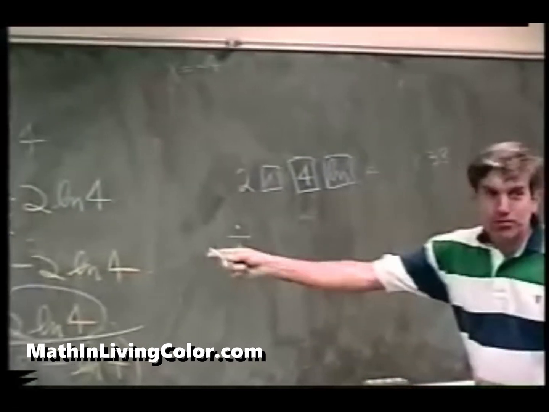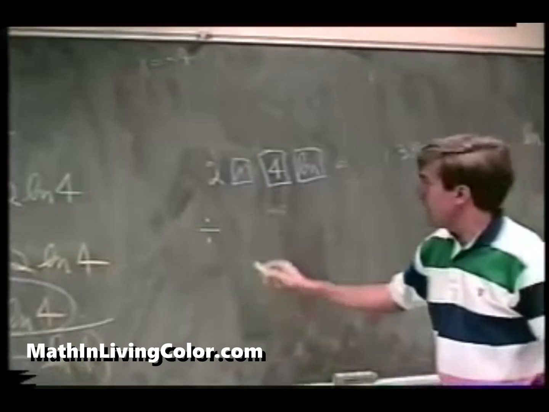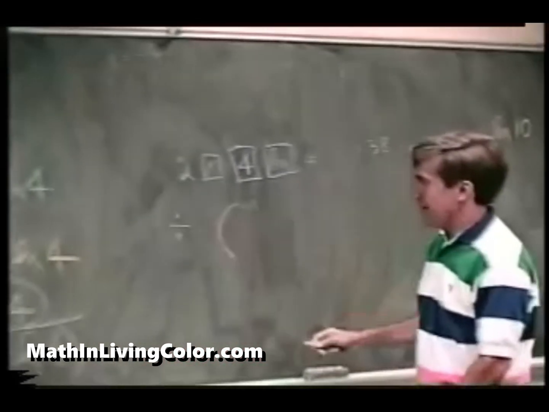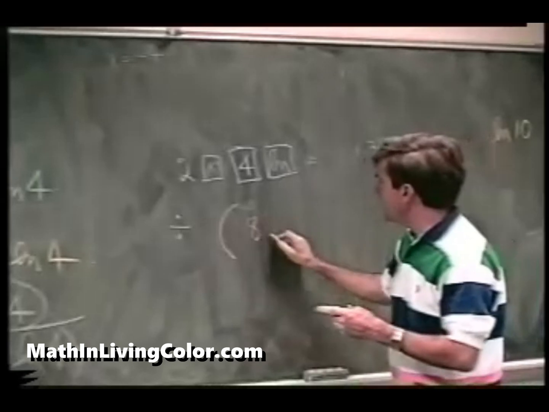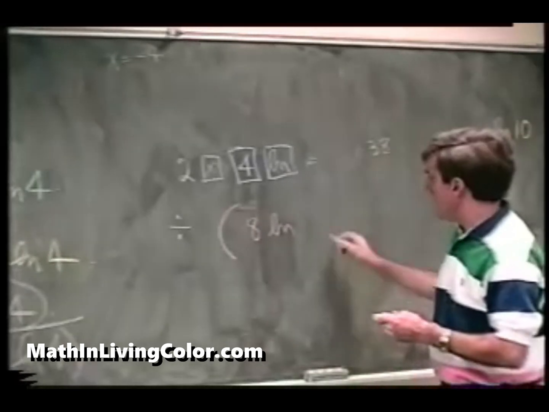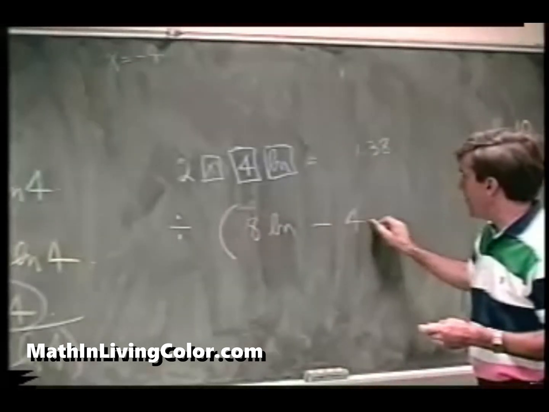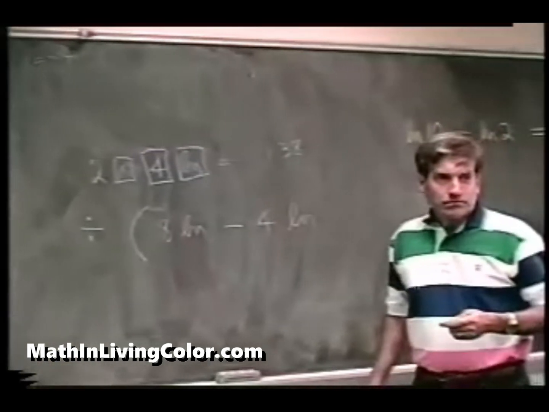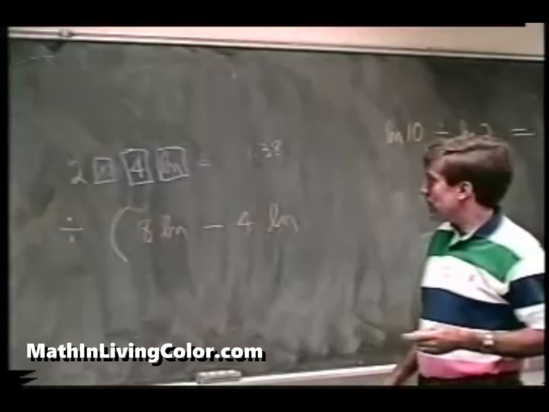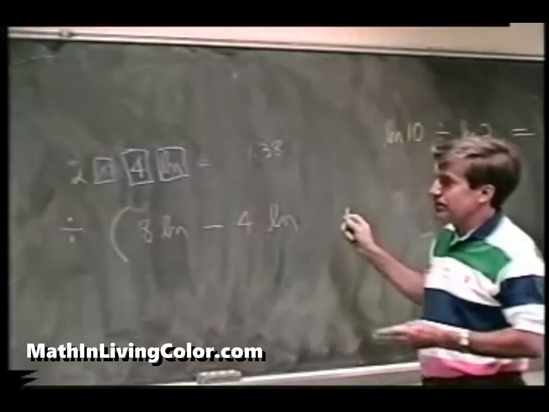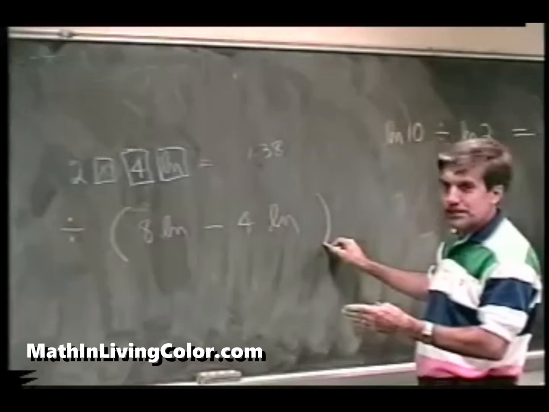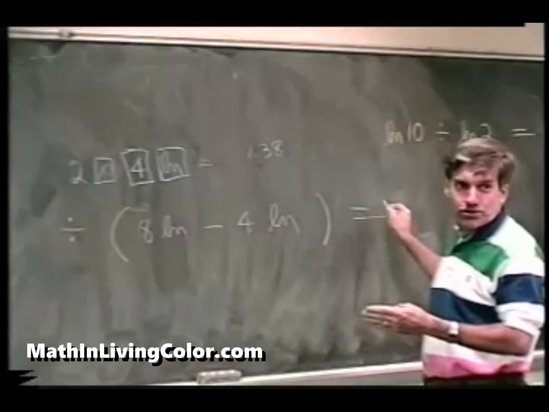Now we'll have to open parentheses, okay? Open the parentheses, and then do 8 ln minus 4 ln, okay? And then you probably will do close the parentheses and equals.